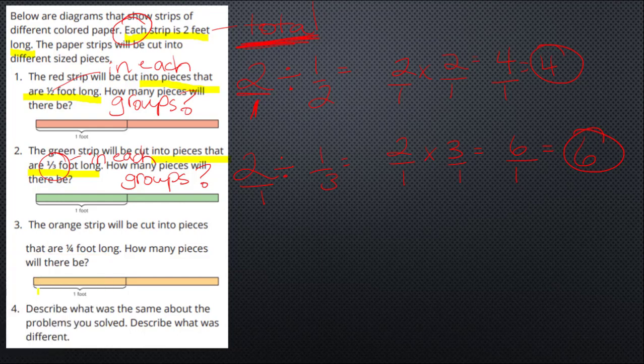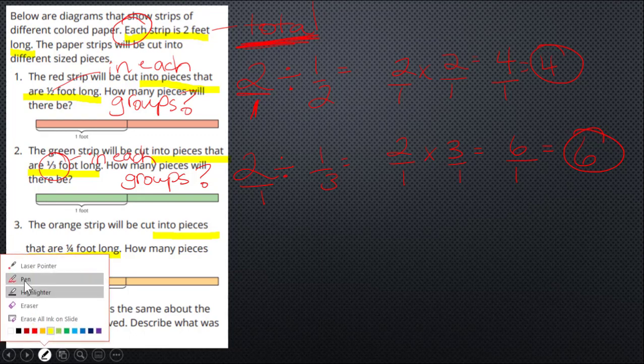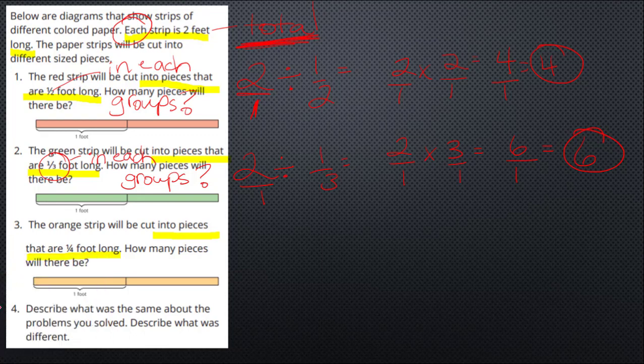Number 3, the orange strip will be cut into pieces that are 1/4 foot long. How many pieces will there be? Well, we still have 2 for my total. 1/4 is going to be my in each. We still do not know our groups.